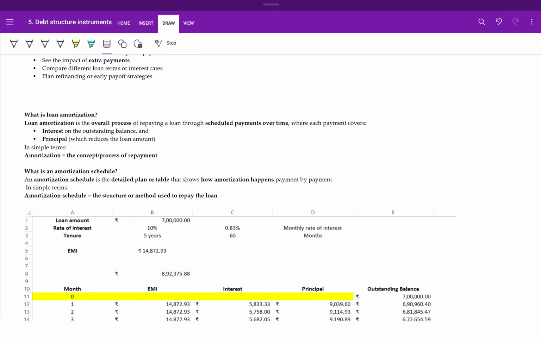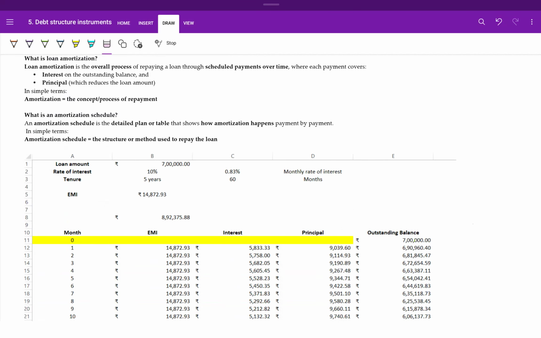What is amortization? I hope you have understood as of now. Loan amortization is the overall process of repaying the loan over time through scheduled payments. So I have scheduled payments, EMIs, and each payment typically covers two things: interest and principal.